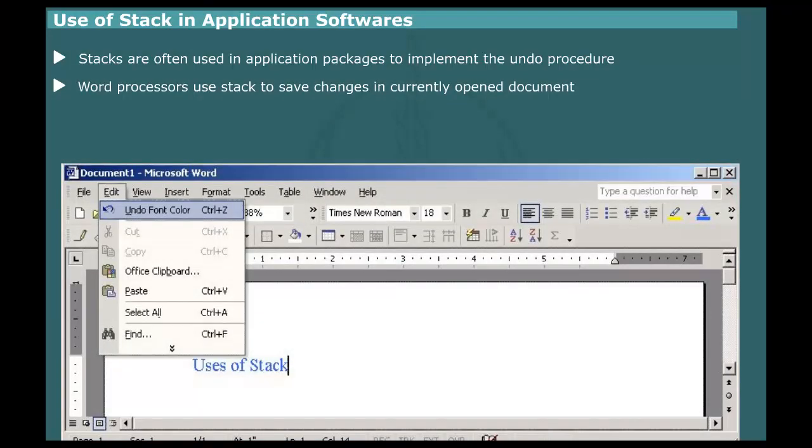Use of stack in application software. Stacks are commonly used in the implementation of several application packages. Current generation of desktop applications such as word processing, spreadsheets, graphics, and image processing include a feature to cancel any previous processing steps.